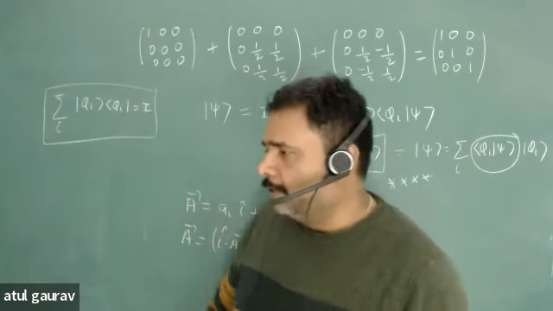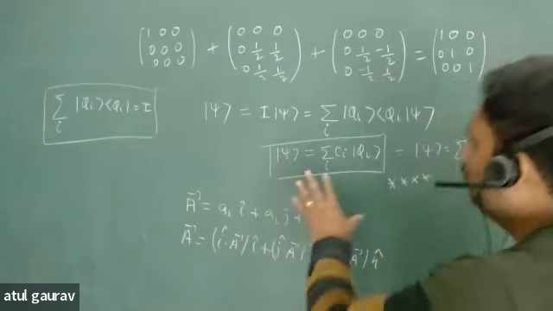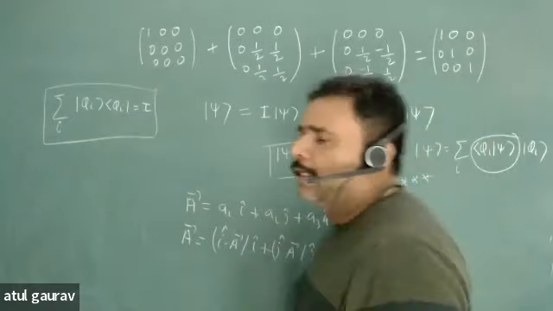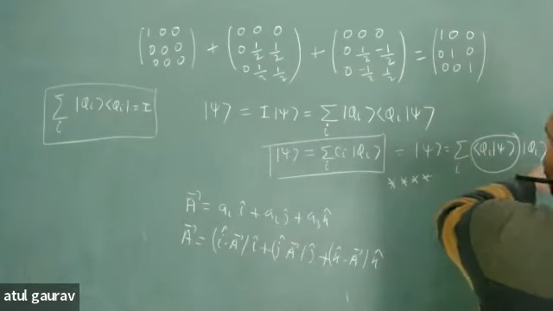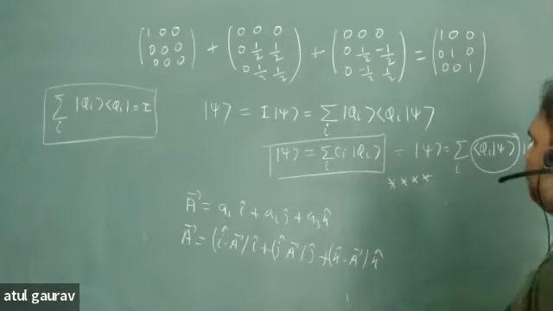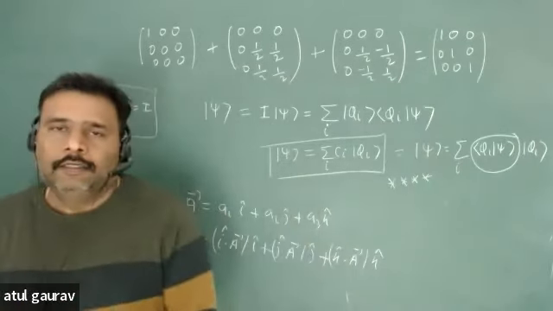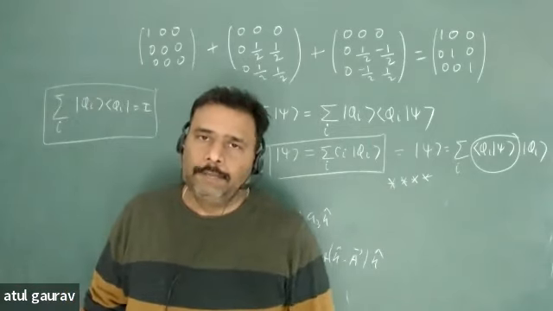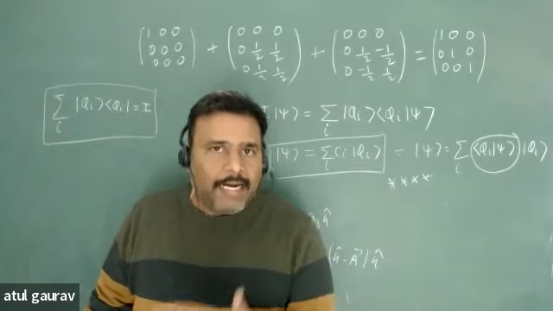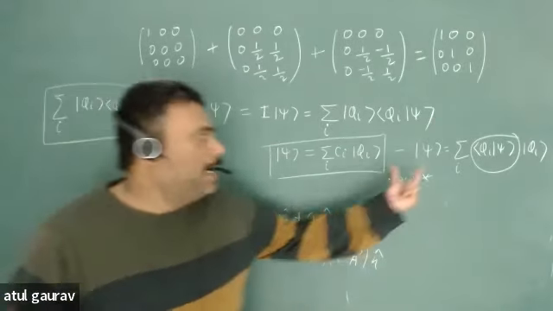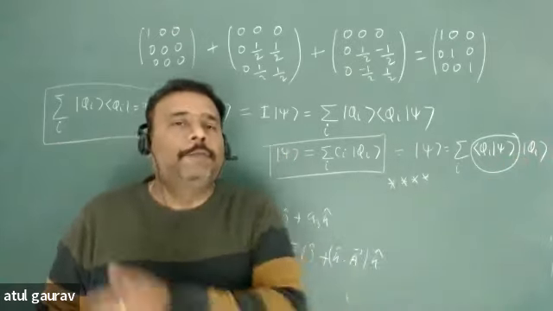Are you people comfortable? The real thing is, whatever we are doing in quantum mechanics, ultimately we have to land at this point. And if you are getting this particular thing nicely, then obviously half of the work in quantum mechanics has been done. The main idea of quantum mechanics is that you have n number of vectors, and these vectors can be written in an appropriate basis vector.